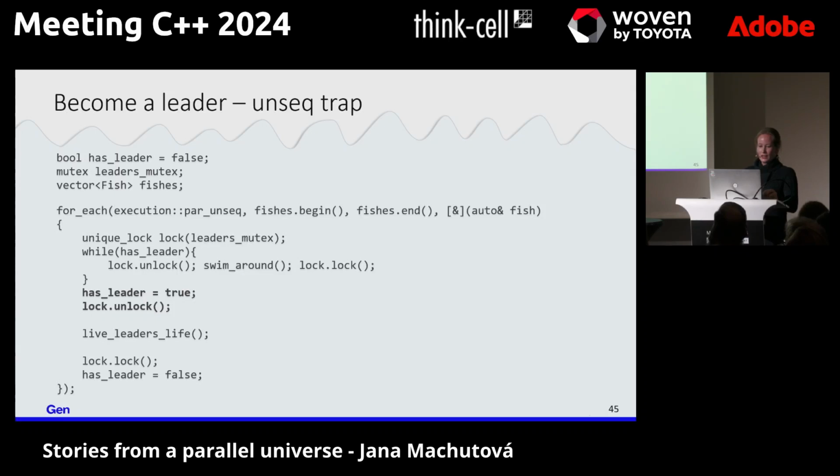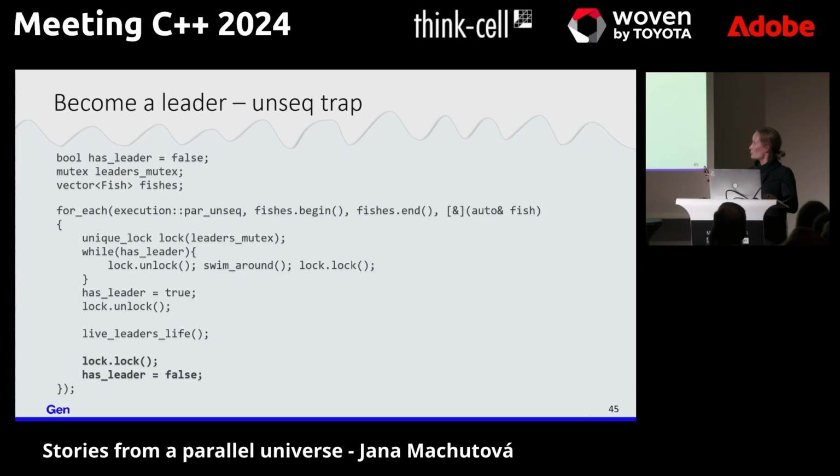Once they acquire the lock, they set themselves as leader and unlock, and they live their happy leader's life until they die, and they free the leadership. Once they die, someone else may come out from that loop.